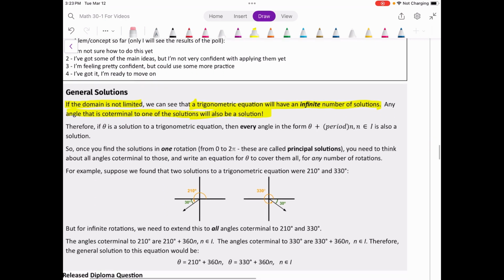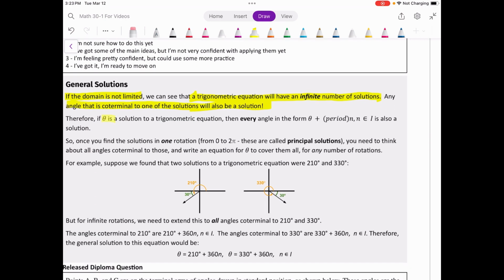So if theta is a solution to a trigonometric equation, then every single angle coterminal to it will be a solution as well, right? Every angle in the form theta plus its period, meaning going all the way around once, plus an integer multiple of its period, I should say there, right?